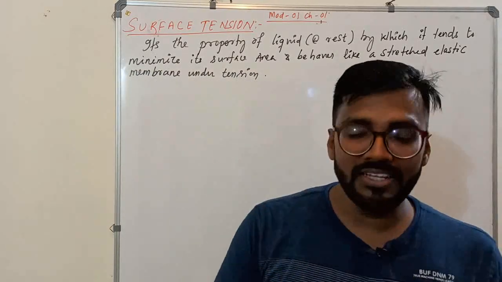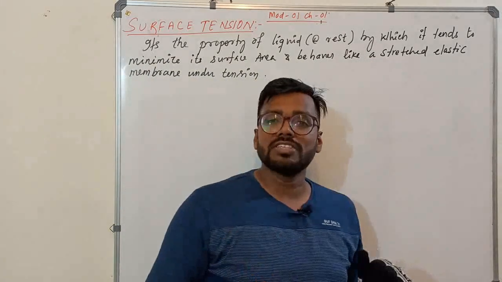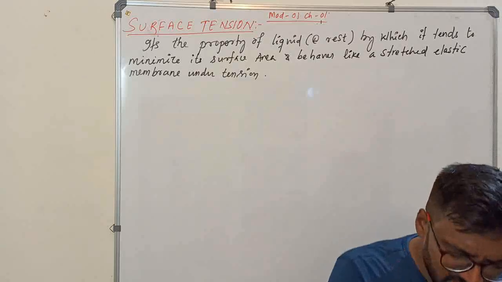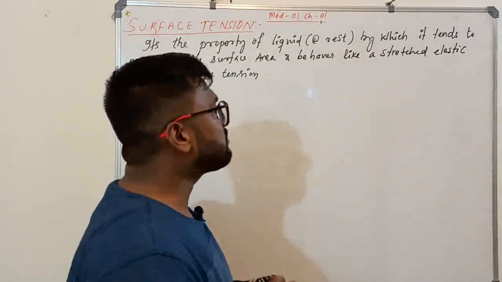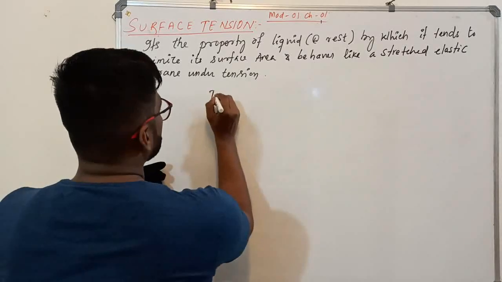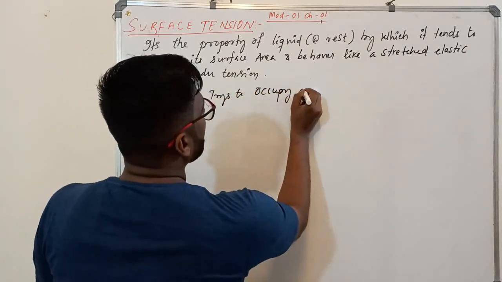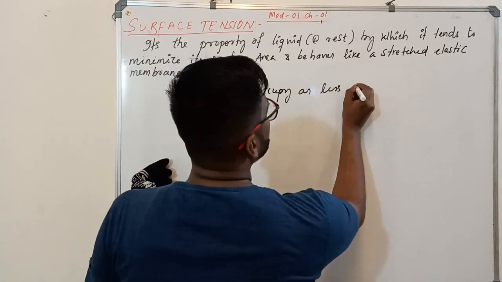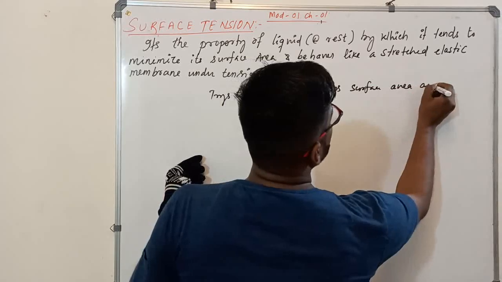It's the property by which a liquid tries to minimize its surface area. Okay. Sir, what is meant by minimize? Minimize मतलब क्या? It tries to occupy as little surface area as possible.